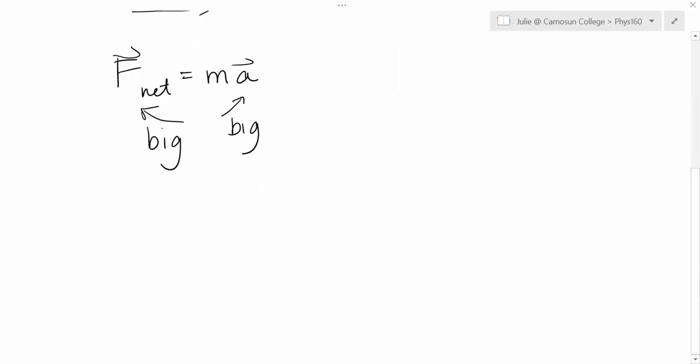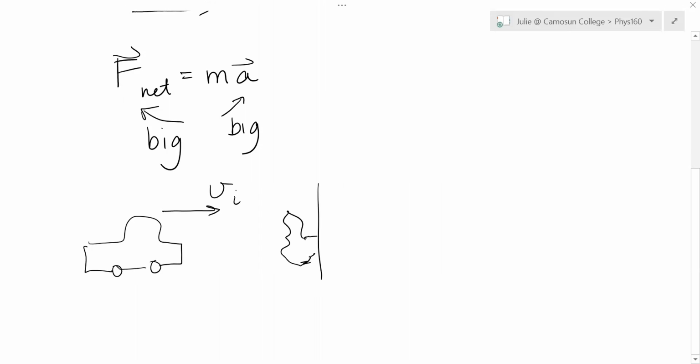So once again, thinking about car crashes, if you're moving around in a car at some high velocity VI, and then you hit a brick wall and the car gets all smashed up and a mess here, VF would be 0.